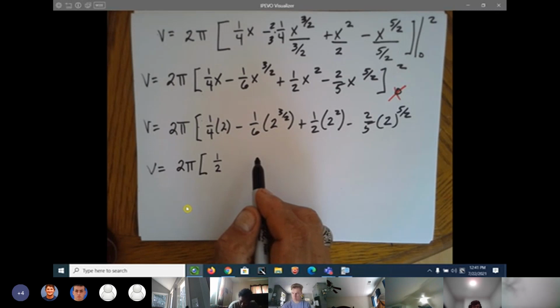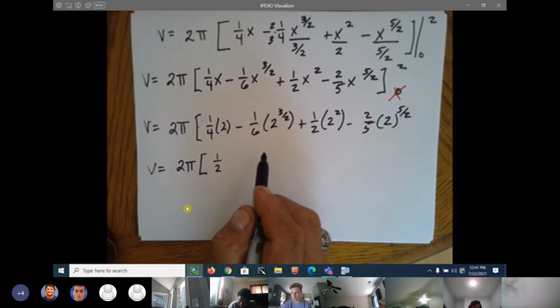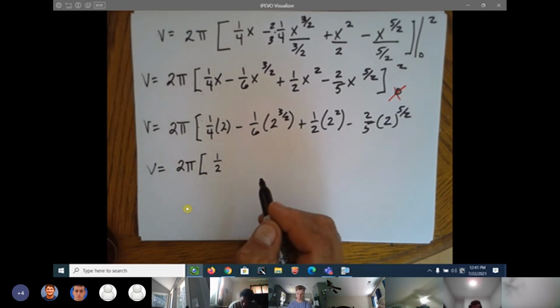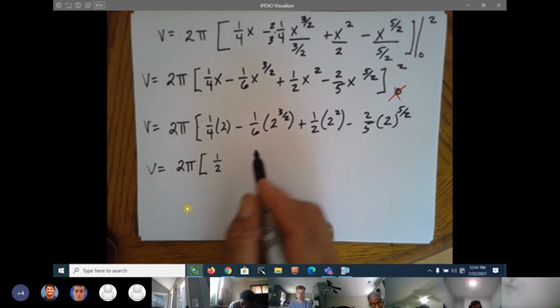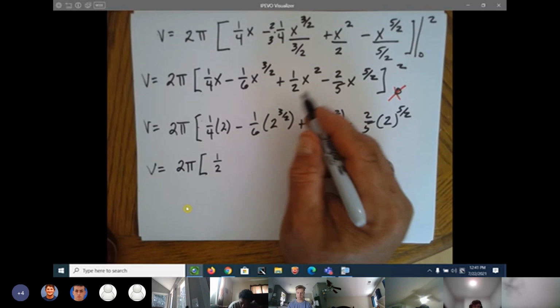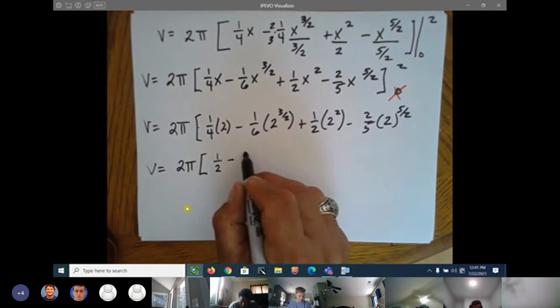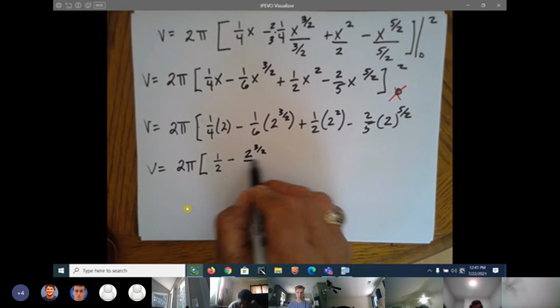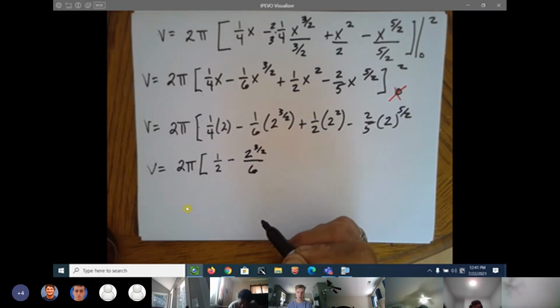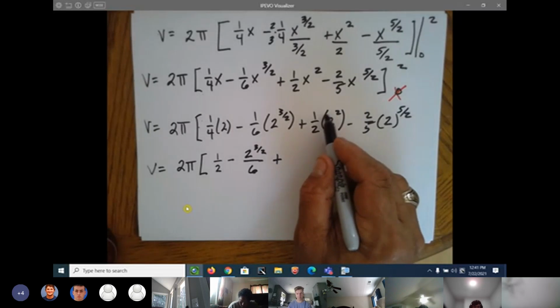Yuck. So I don't know if they want this written. You can't take the square root of 2 and then raise it to the 3rd power. So I'm just going to leave that as 2 to the 3/2 over 6 plus, well, this is going to be 4/2.